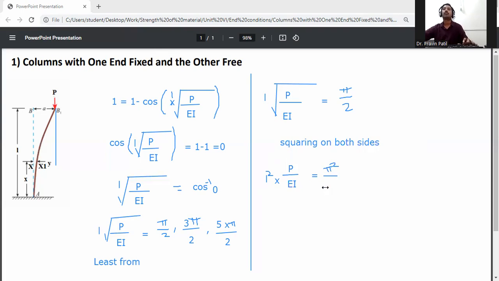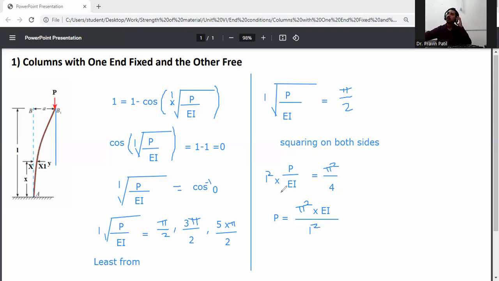Write down P is equal to this. Pi square into EI divided by L square.